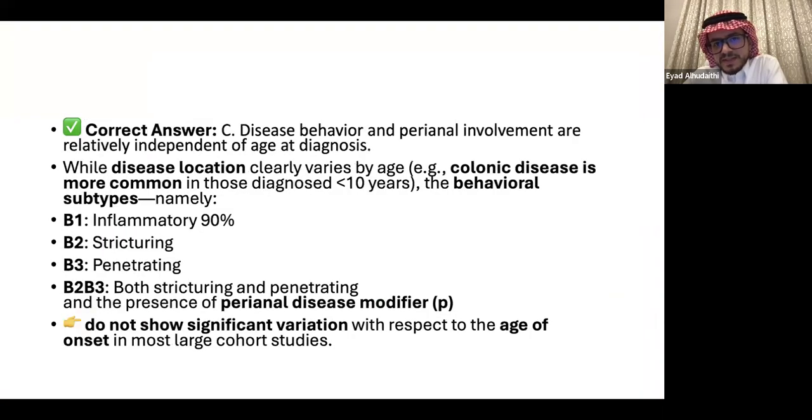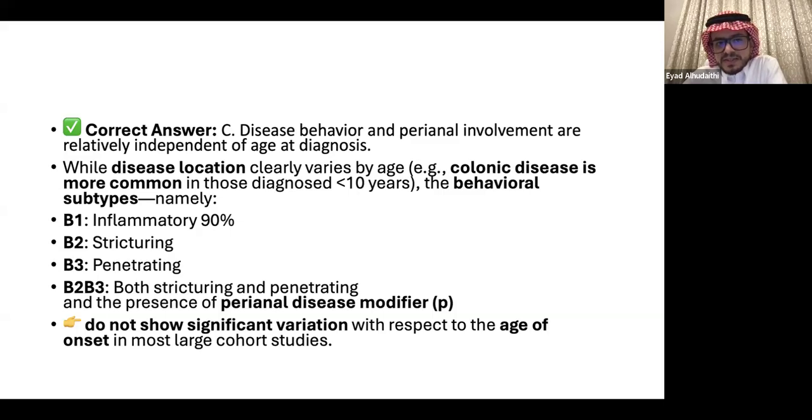So disease behavior and perianal involvement are relatively independent of age at diagnosis. It's not acting like the location. The location can be affected by age, but the disease behavior doesn't get affected by age.